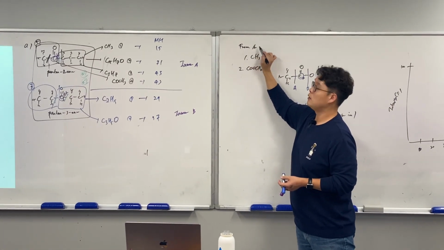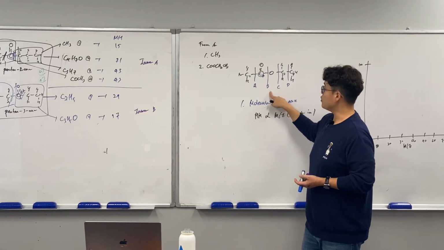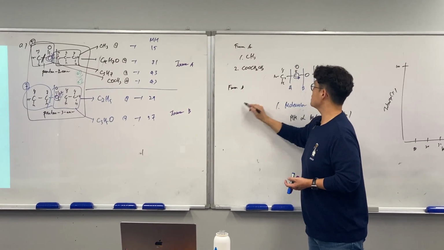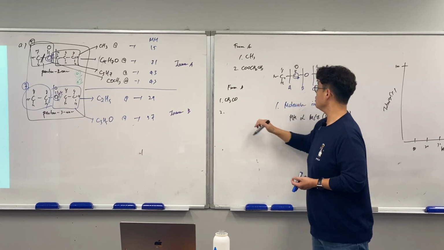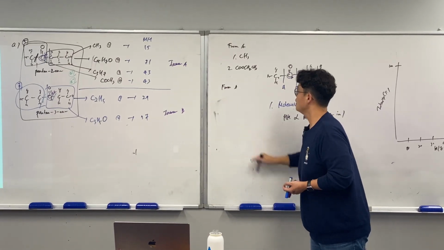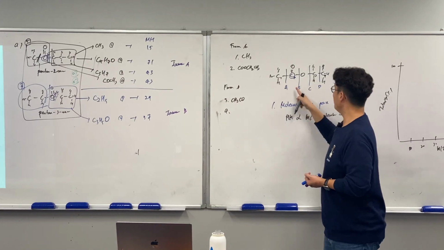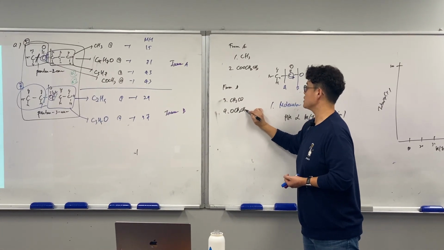What about from the B cut? The cut B would produce this section here. So from B, we get CH3 and CO, number 1, 2. I would say number 3. CH3 and CO. 4, that would get O's, all of the CH2 and CH3 like this.